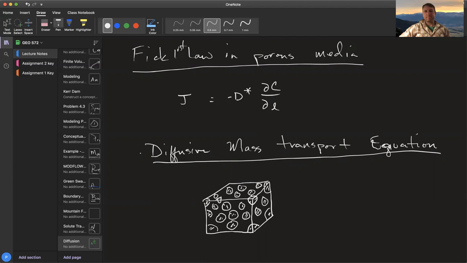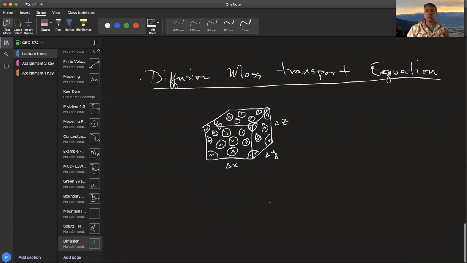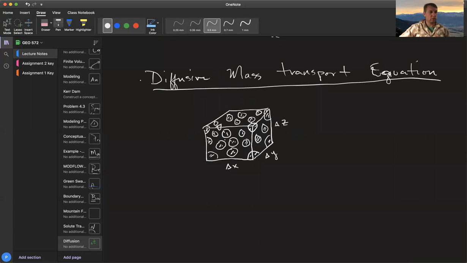All right, so here's our REV of porous media, and its size is delta X by delta Y by delta Z. All right, look familiar? So let's do the diffusive mass balance equation.